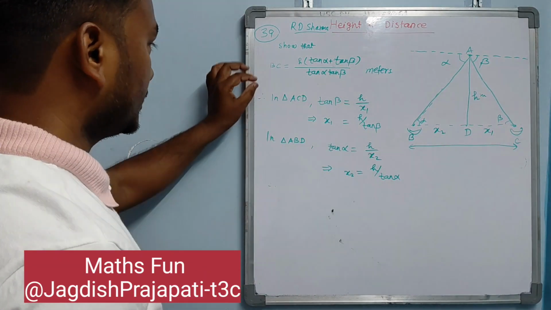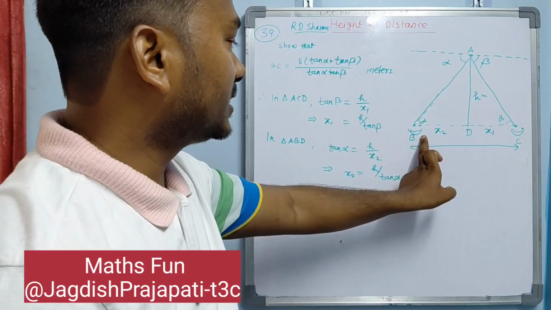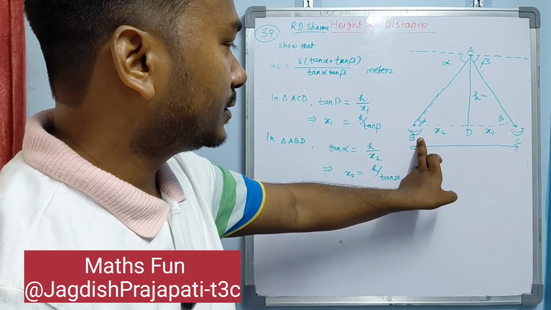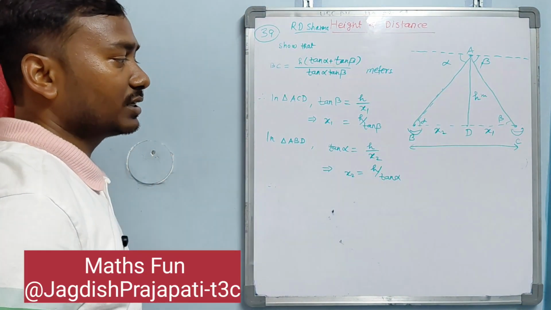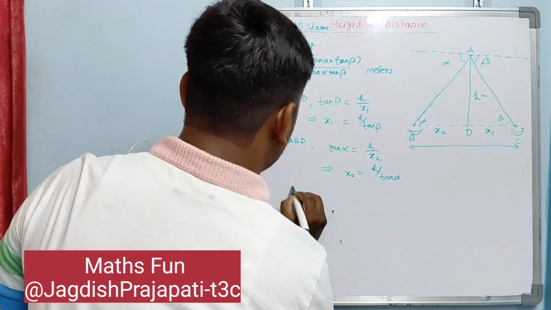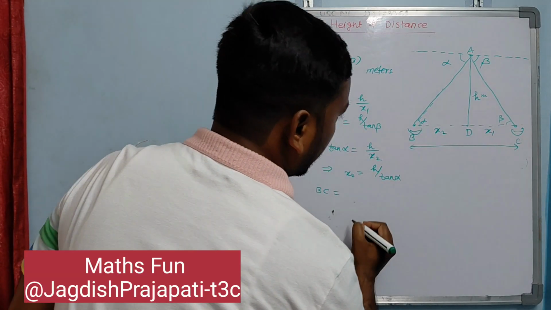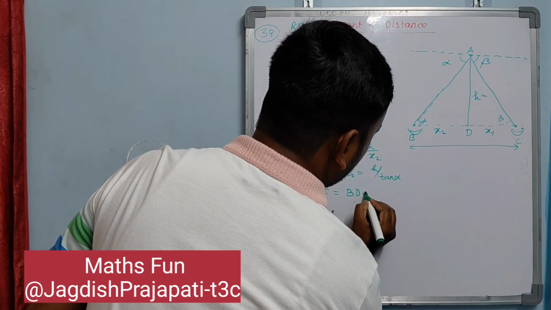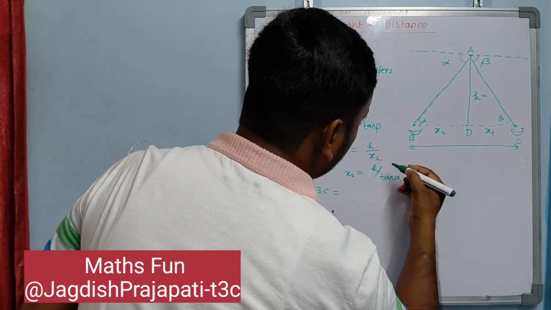Therefore, write the distance between both the ships, BC equal to CD plus BD.